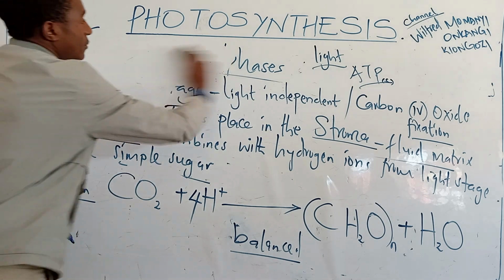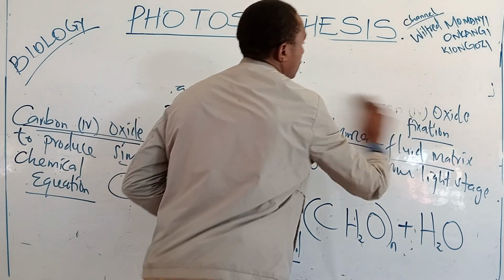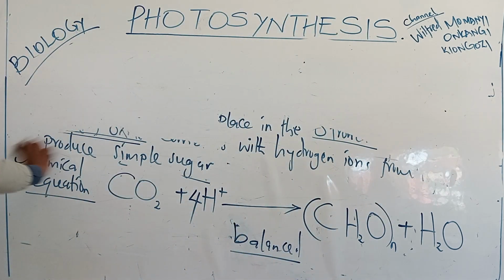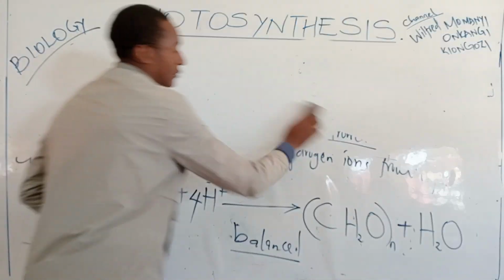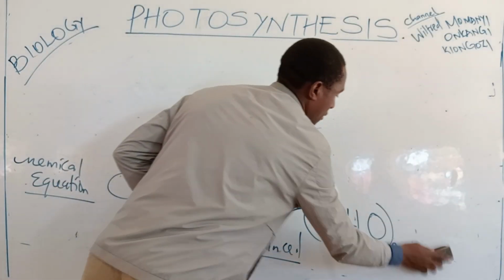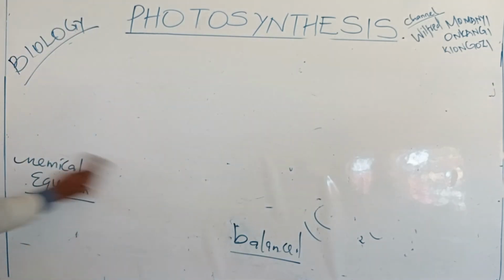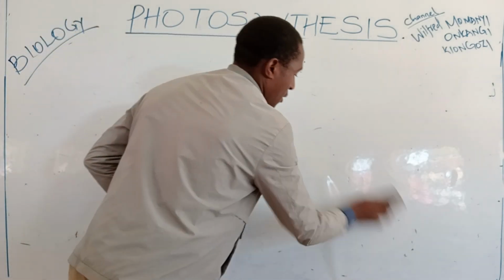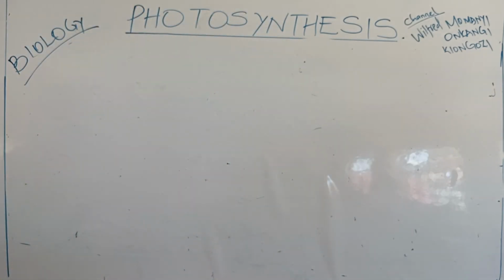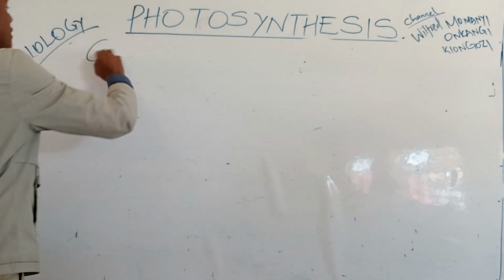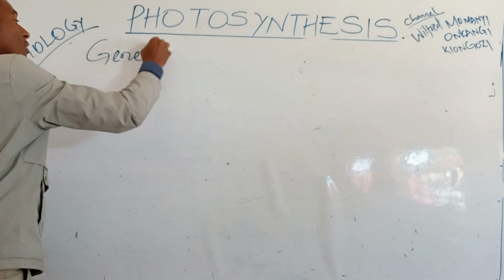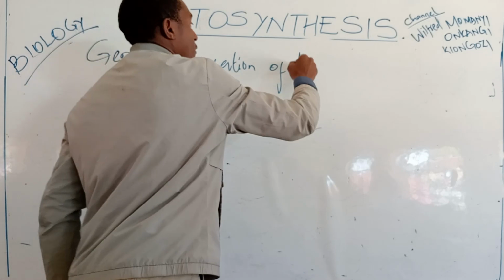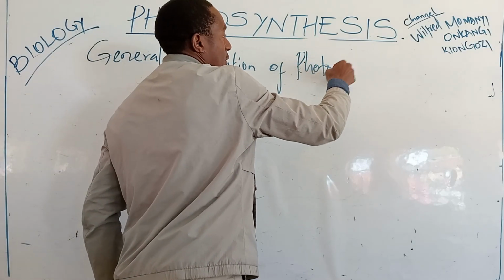General equation of the whole process of photosynthesis.